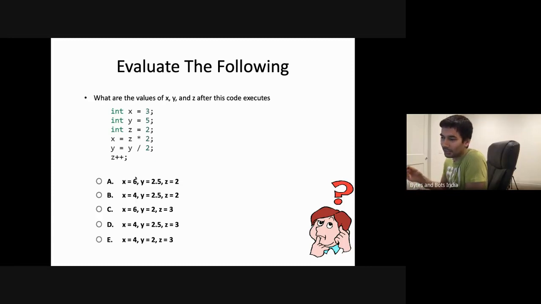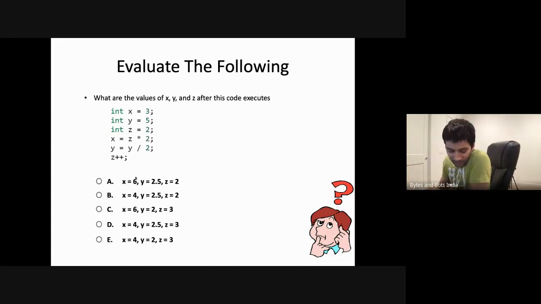So the only options left are C and E. And X is 4, so E is the answer. So you can actually solve such questions by an elimination process as well. But if you closely look at the program here, you would naturally come to E. I think there was some confusion around Z++ being printed.